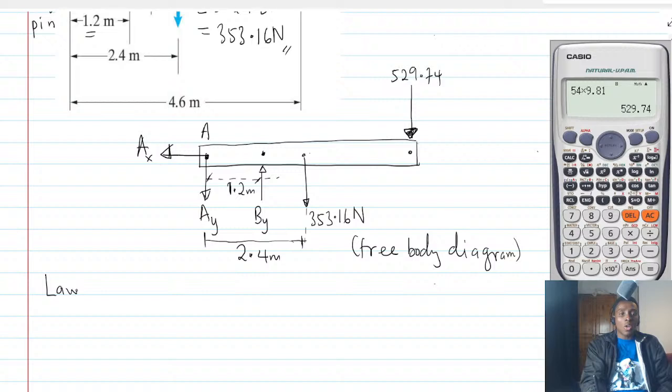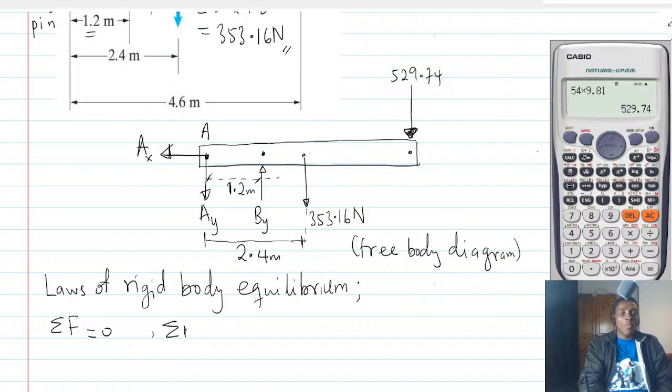So, laws of rigid body equilibrium. Now for a rigid body to be in equilibrium, summation of forces in all directions should be 0, and then summation of moments about any point in the plane should be 0.